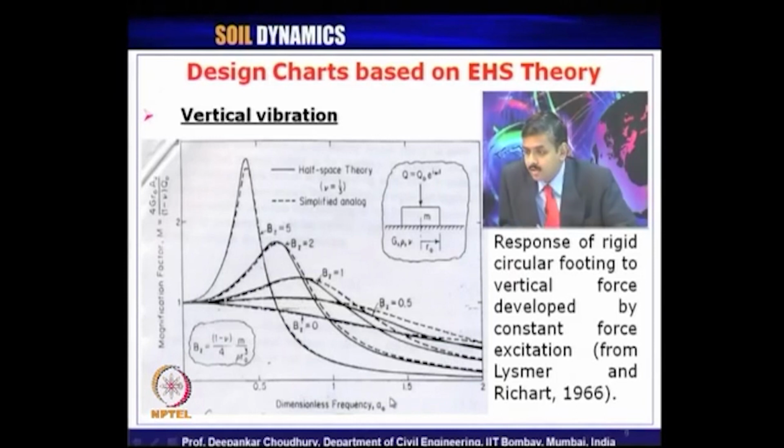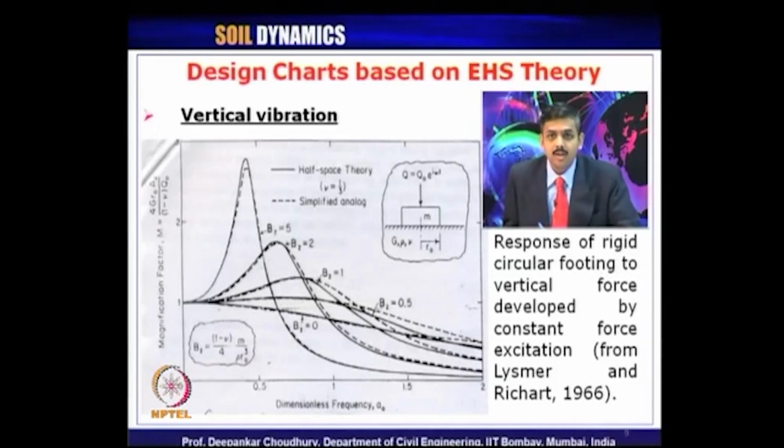So, for different values of dimensionless frequency factor, this is how Bz is calculated for Leismer analog. The magnification factor m can be calculated in this way, and for different values of Bz, they are found to be matching very well, because basically it is nothing but taking care of the Poisson's ratio in the equation. Finally, they have regenerated this design chart. That is why it has to match.